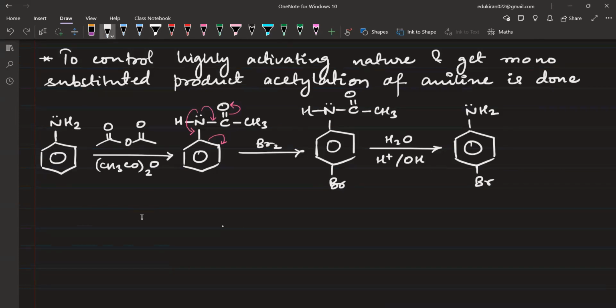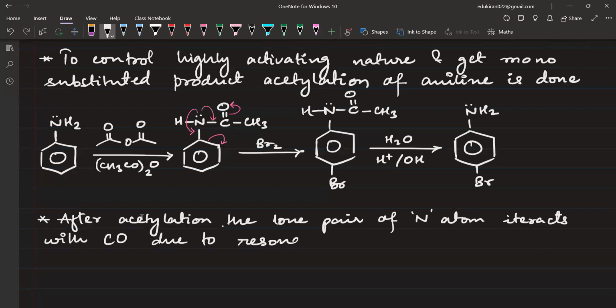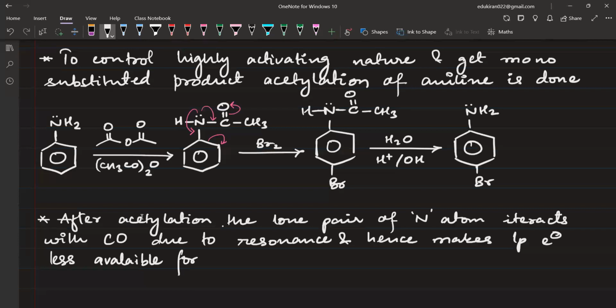So what happens after acetylation? You'll write here with me. After acetylation, the lone pair of nitrogen atom interacts with carbonyl C=O due to resonance, and hence makes lone pair electron less available for benzene.